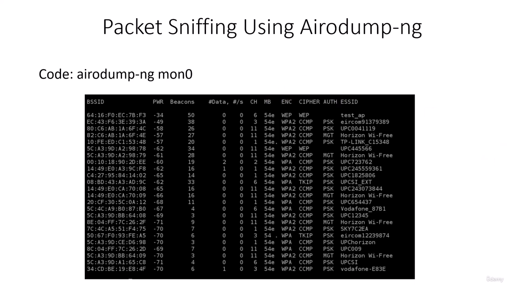Here is WEP, WPA2, and as you can see WEP, WPA2, and WPA here, and WPA also in here. And then it's an open network, and you will see OPN when it is open.